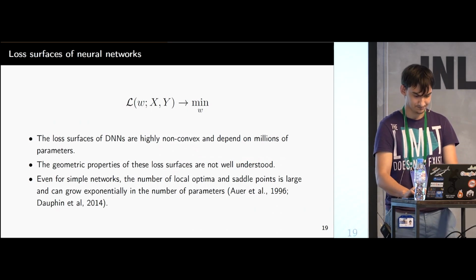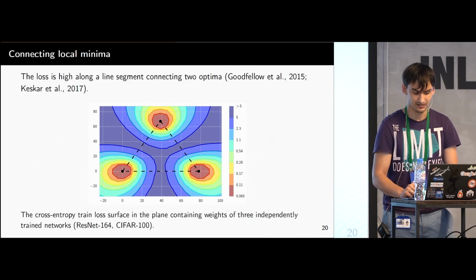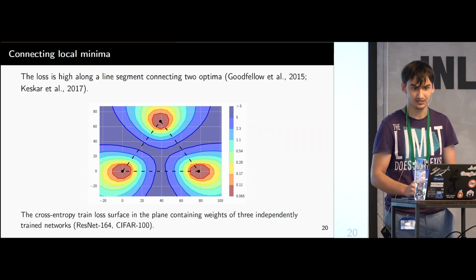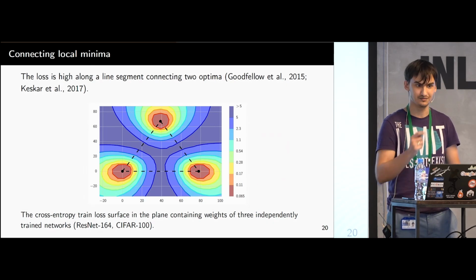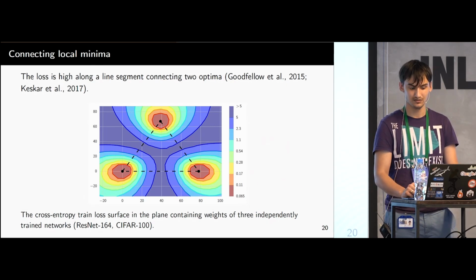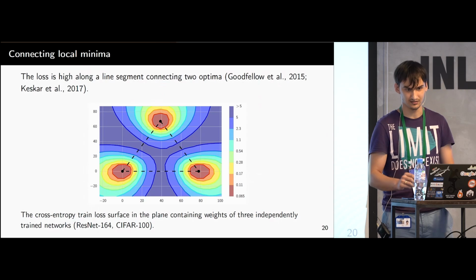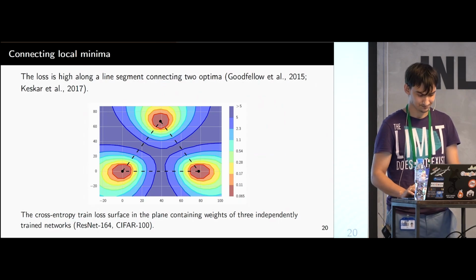Okay, if you would like to imagine a typical loss function, usually what comes to mind is something like this: several local optima, like these disjoint Gaussian-like things.